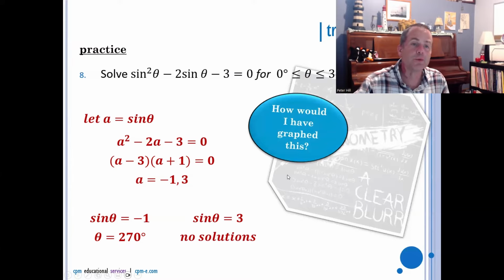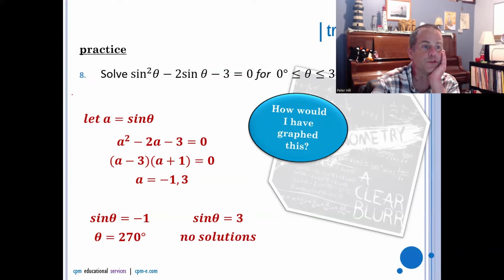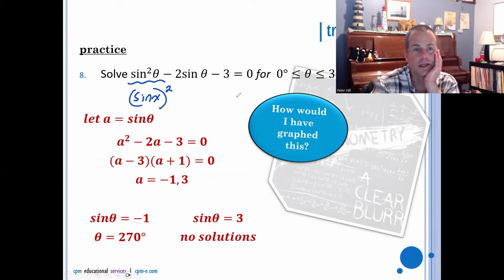Now, if I had wanted to check this using my graphing calculator, what I really want to talk about is how, when you put that in your calculator, it has to look like this, meaning the square actually goes after the sine x.